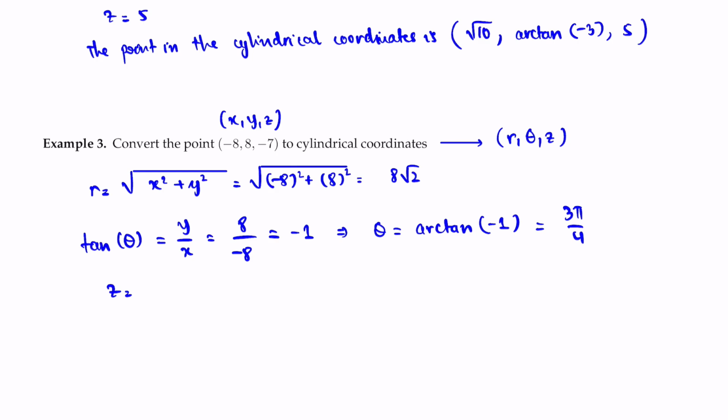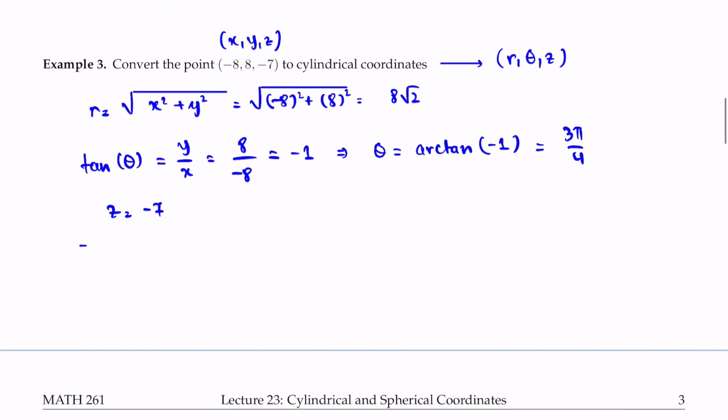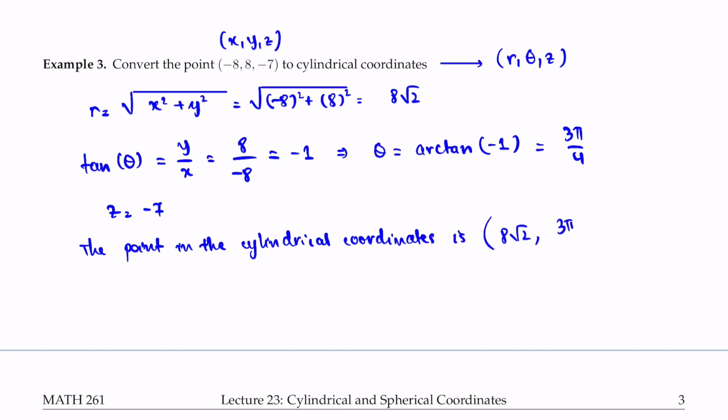And z is equal to negative 7, so the point in cylindrical coordinates is of the form 8 times square root of 2, 3 pi over 4, negative 7. So that's it for the examples related to converting from the rectangular coordinate system to the cylindrical coordinate system and vice versa.